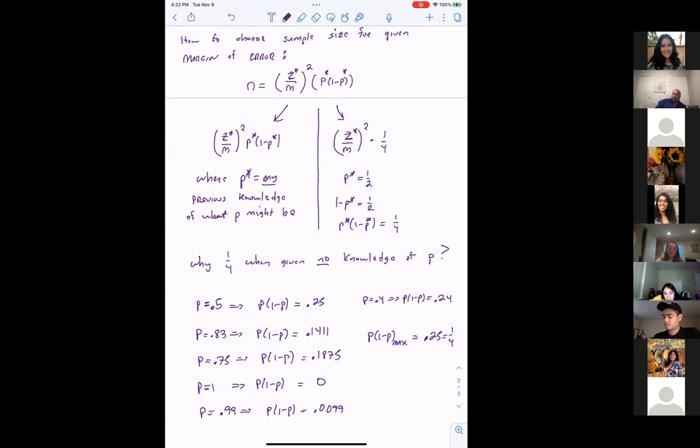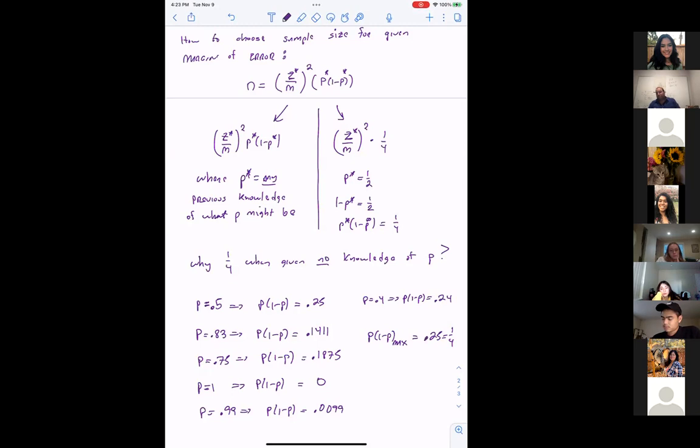Therefore, when you have no knowledge of P, wouldn't you want to make your sample size as large as possible to account for any uncertainty that you might have? Right? If you have no knowledge of P, we're going to do the worst case scenario. And the worst case scenario is to make P times 1 minus P as big as possible.